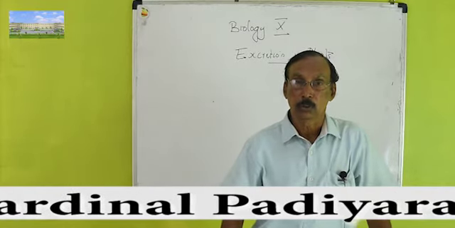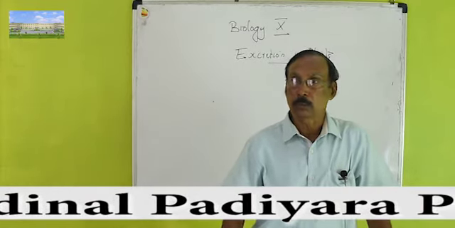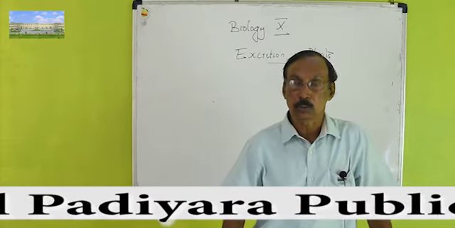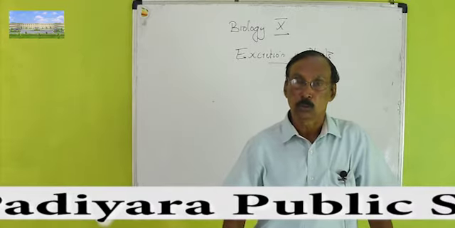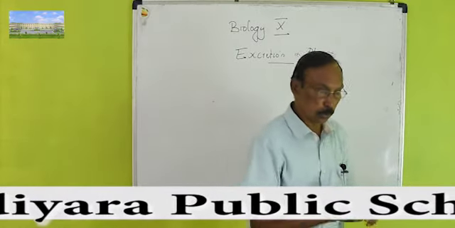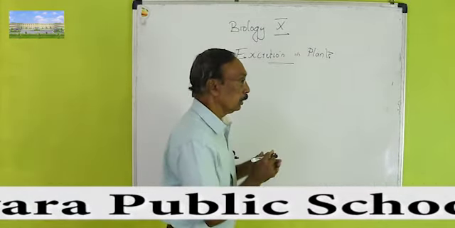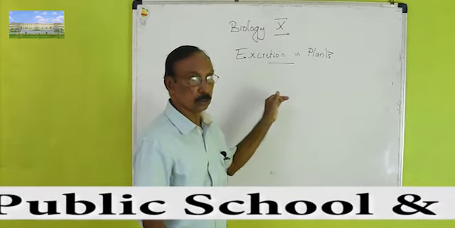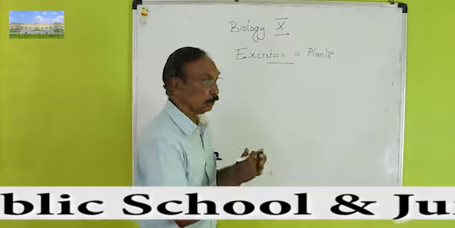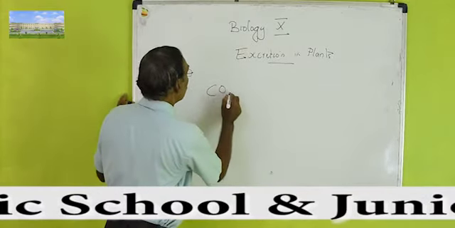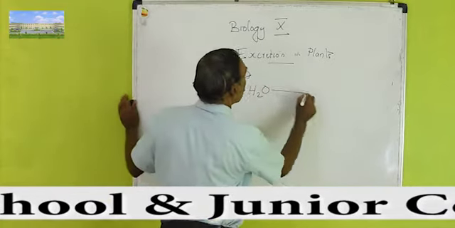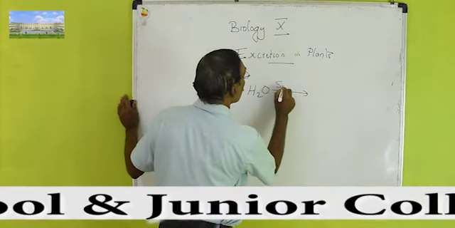During daytime, plants do photosynthesis, and one of the byproducts after photosynthesis is oxygen. Carbon dioxide will combine with water in the presence of sunlight and chlorophyll.